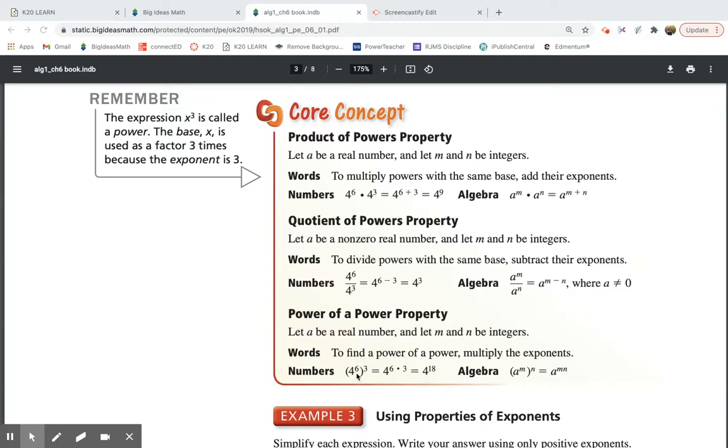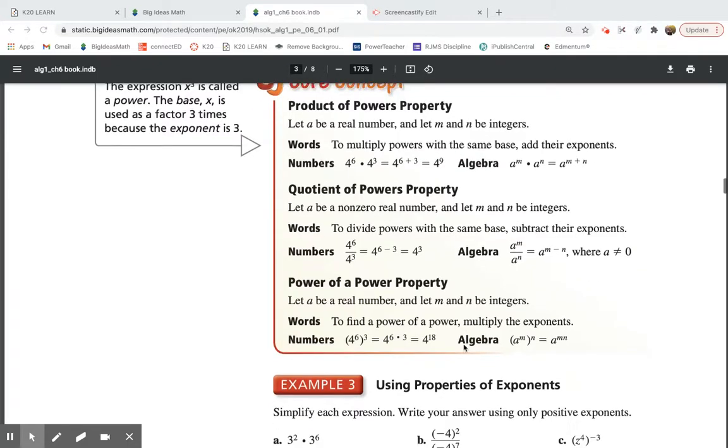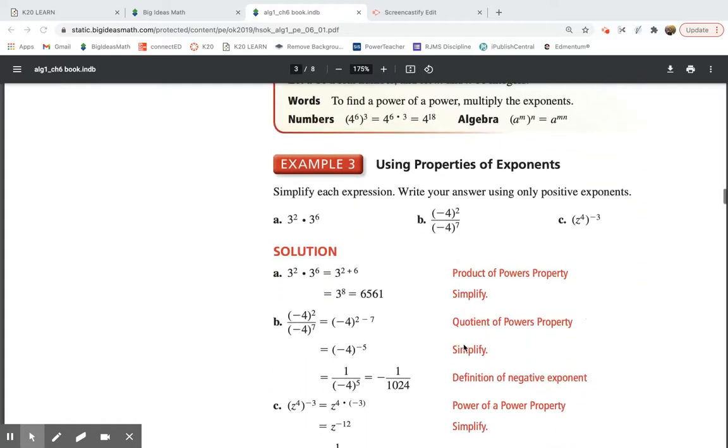So I'm trying to think to put it in words for you to write and know what you meant. An exponent raised to another exponent, you multiply the exponents. Okay, you can pause and back that up if you need to finish getting that down.